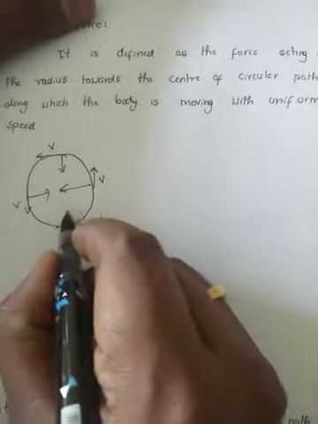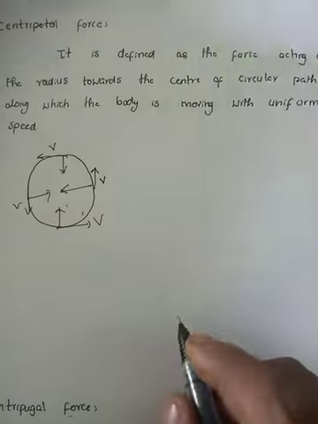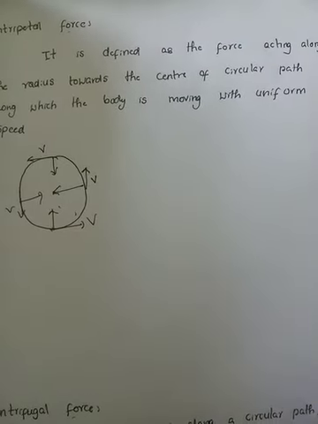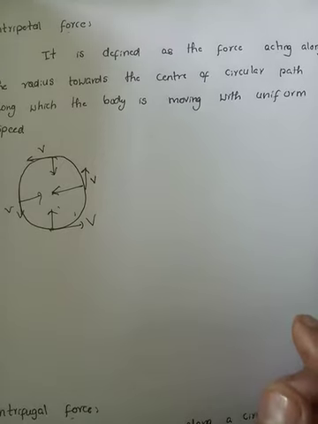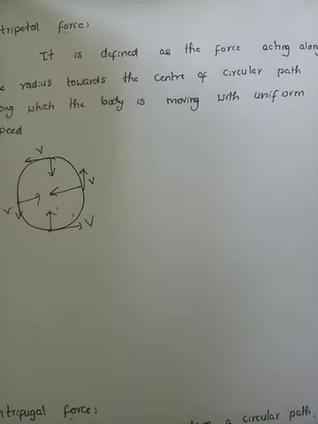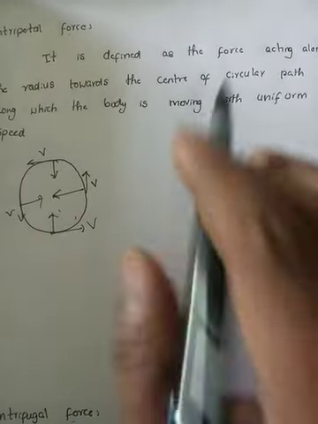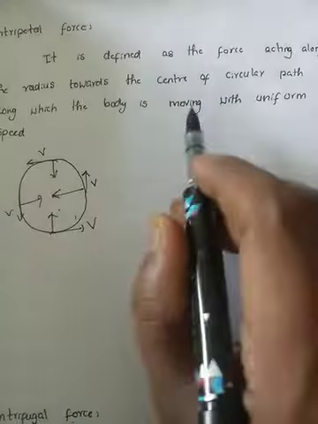See, in all these cases the force is acting towards the center of the circular path. That force is called centripetal force. It is defined as the force acting along the radius towards the center of the circular path along which the body is moving with uniform speed. That force is called what? Centripetal force.